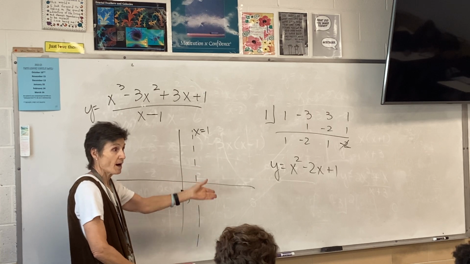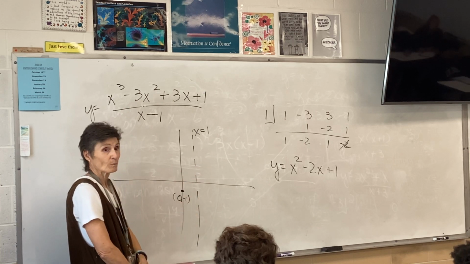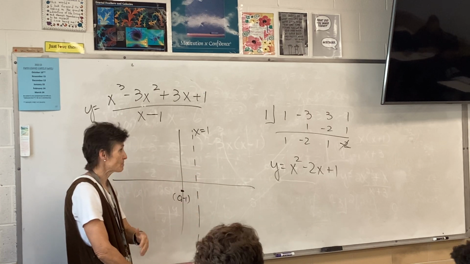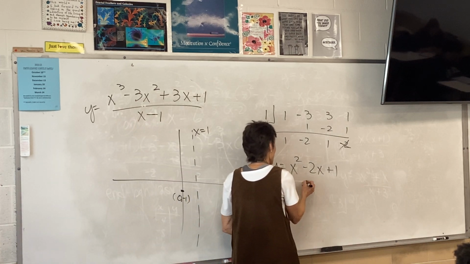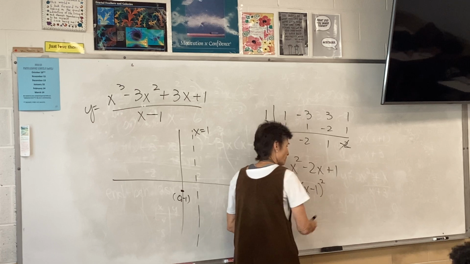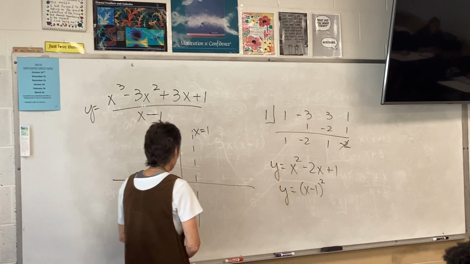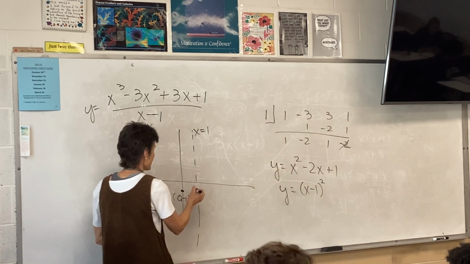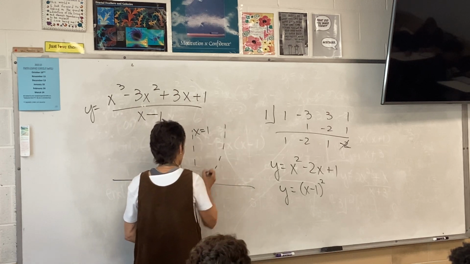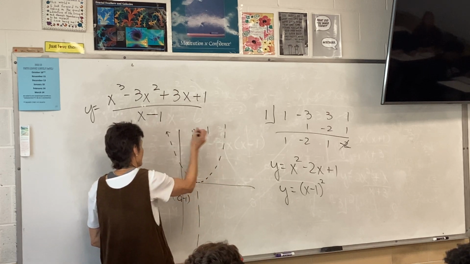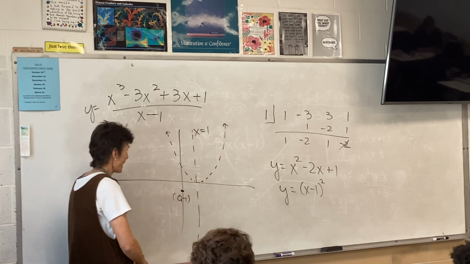So this time, can you factor? My asymptote is a parabola. So it's the parabola vertex here. That's my asymptote.